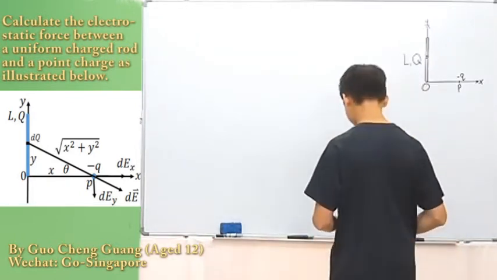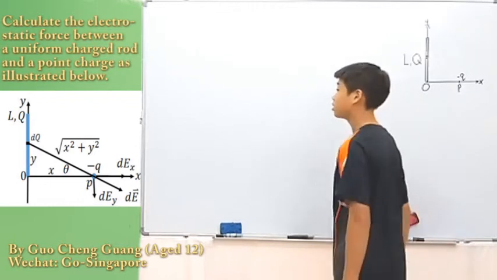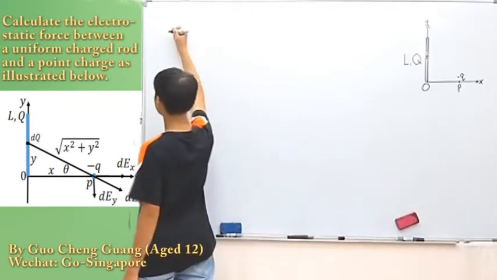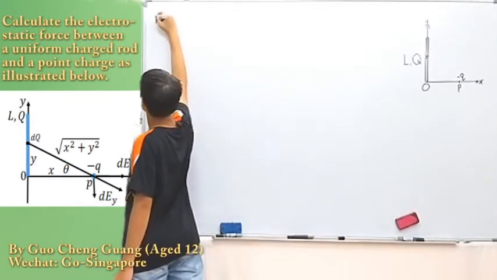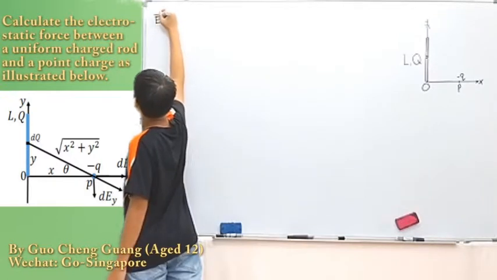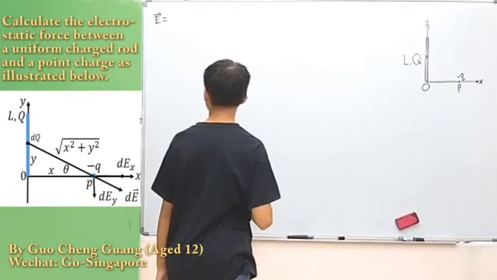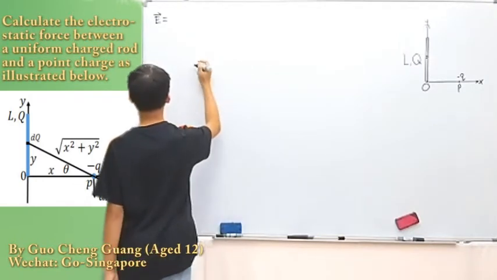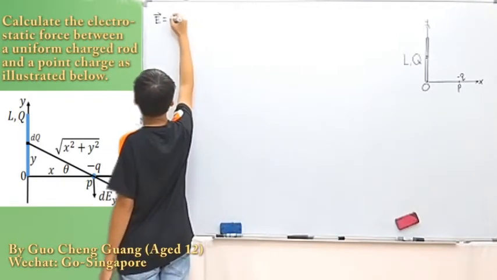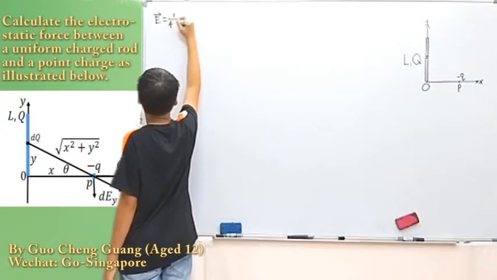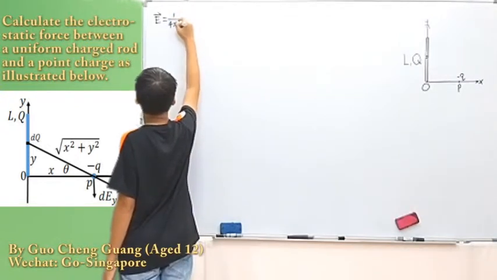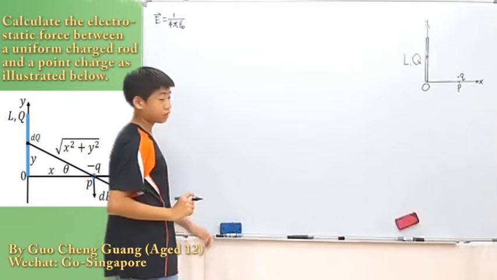So in order to solve these kinds of questions, first of all, when you look at this, it means that we're going to solve for E. Okay? Since we're going to solve for E in this part, the frontmost part, 1 over 4 pi epsilon naught, is always this constant.